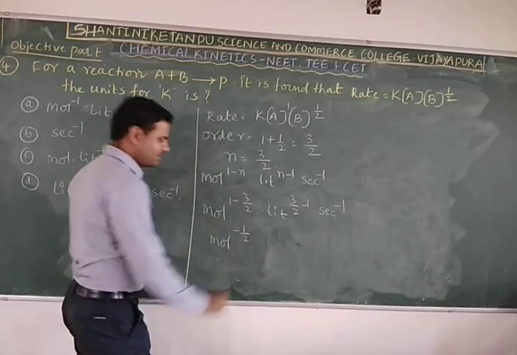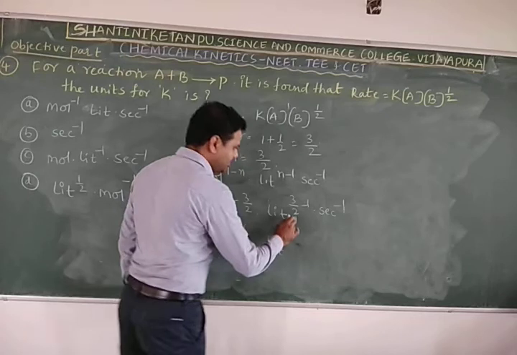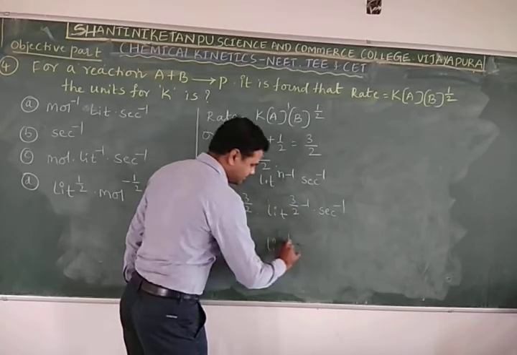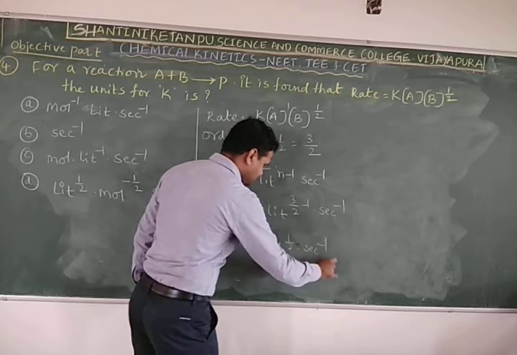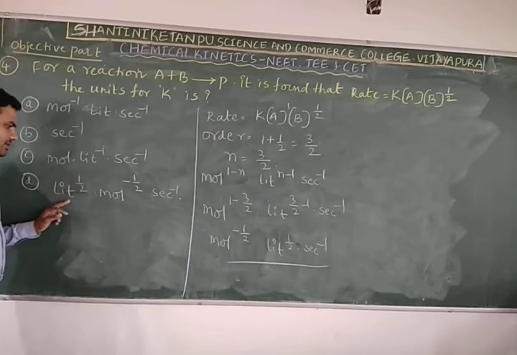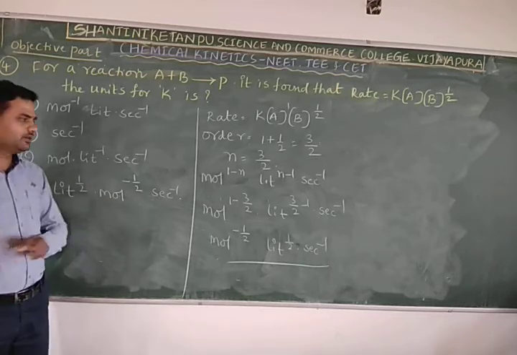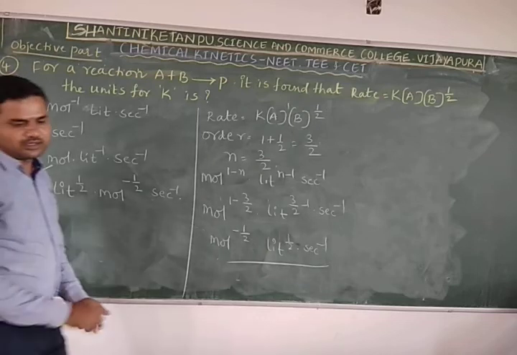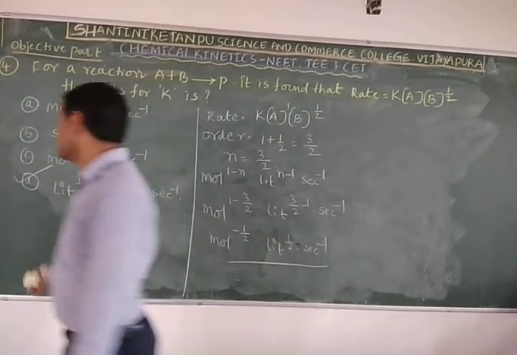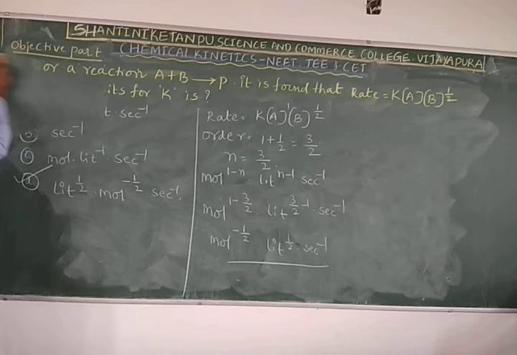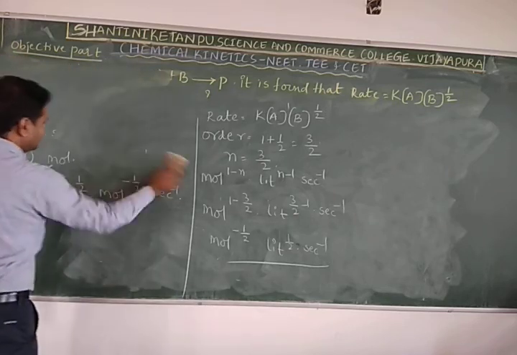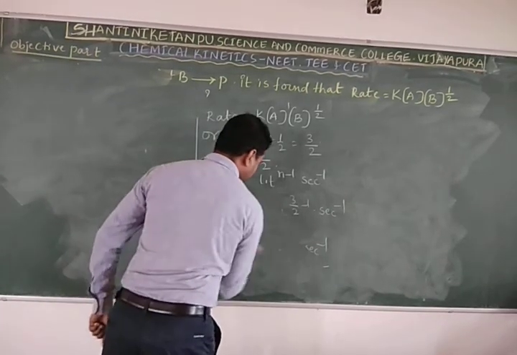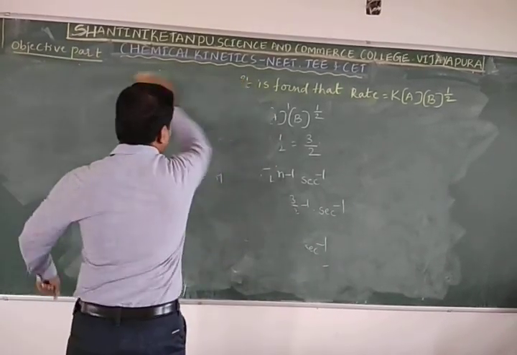Liter to the power 3 by 2 minus 1 becomes 1 by 2, per second. So these are the units: mole to the power minus 1 by 2, liter to the power 1 by 2, per second. Therefore this is the right answer. This is one question based on rate constant units. Let us see some more different types of numericals based on some more topics.